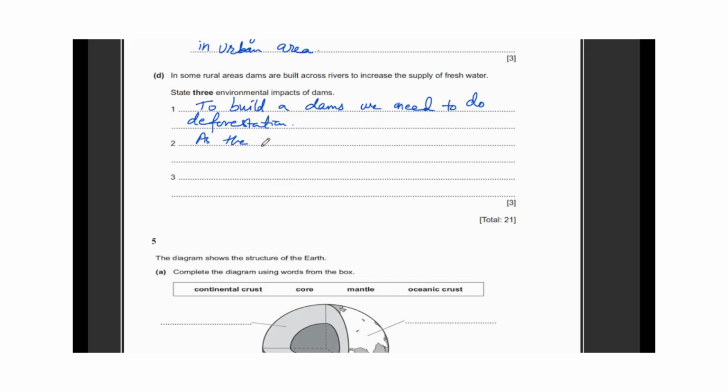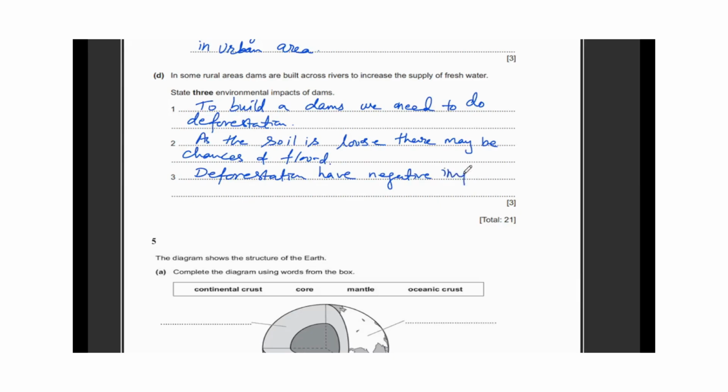As the soil is loose, there may be chances of flood. Okay, next one, as deforestation takes place, it has a negative impact on the food chain or food web, right?